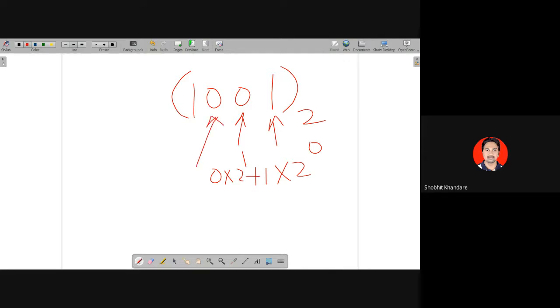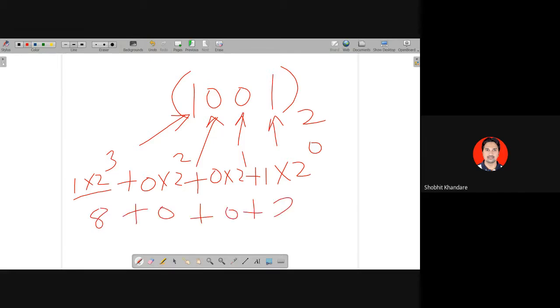This 0 is represented as 0 into 2 to the power of 2, and this one is represented as 1 into 2 to the power of 3. So 1 into 2 to the power of 3 gives you 8. This gives you 0, this gives you 0, and this gives you 1. So when you add this, it becomes 10.